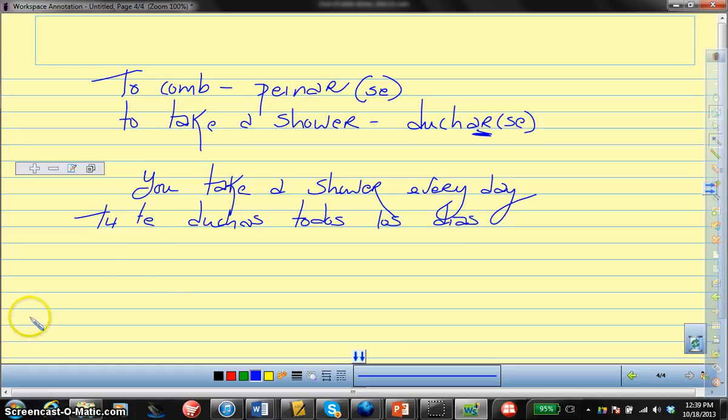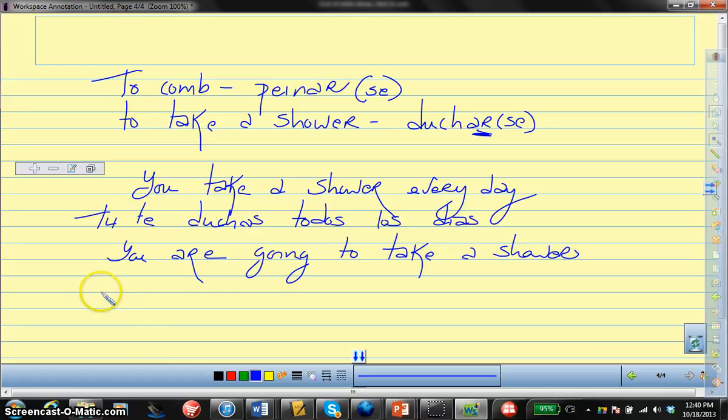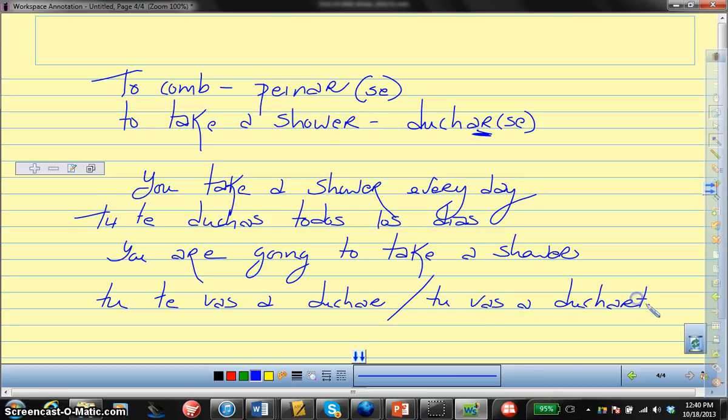What if you are going to take a shower? So it will be what? Tú te vas a duchar, or tú vas a ducharte. Either or. See how that works?